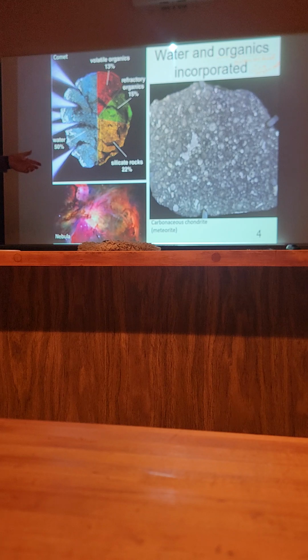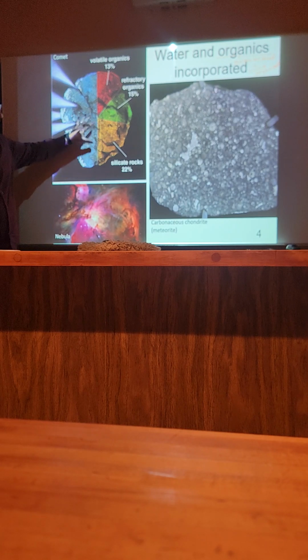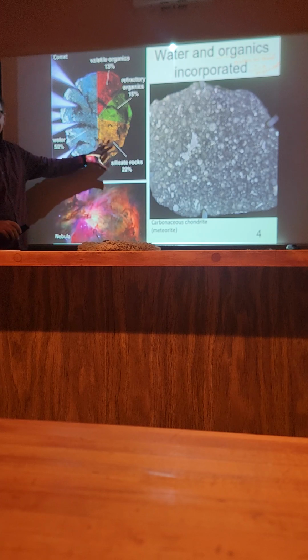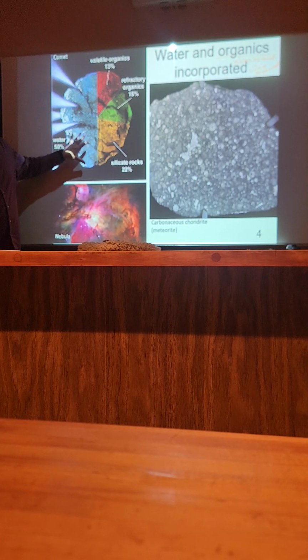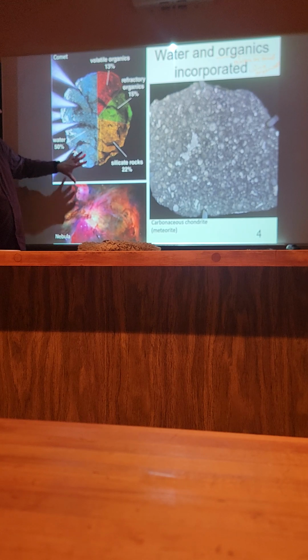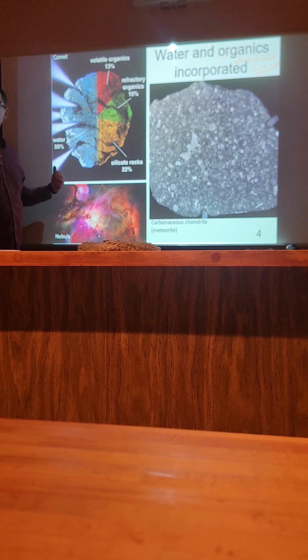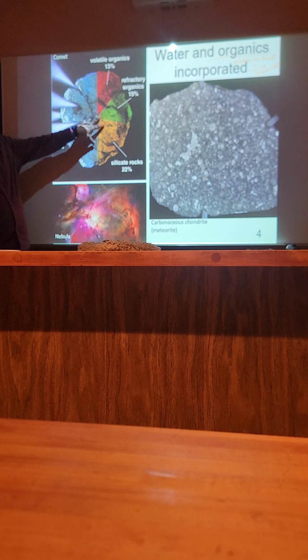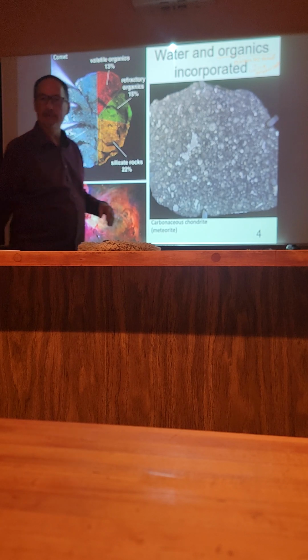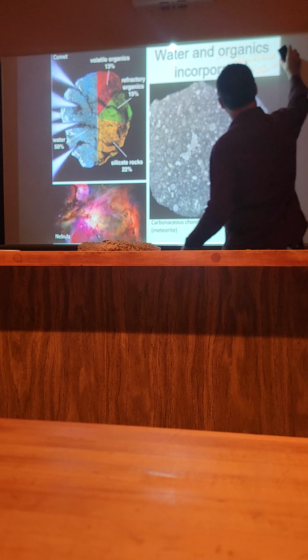So this is important because this is showing us where did our oceans come from? From here. And life originated in the ocean, and it originated on the Earth from these building blocks which were brought to the Earth from the nebula and by these comets and meteorites as they continue to hit the Earth.